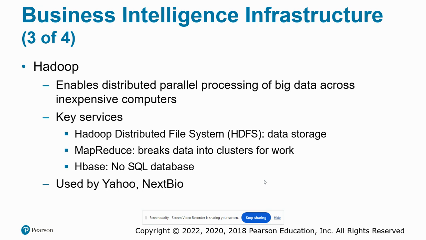Hadoop is one of the tools used by search engines such as Google and Bing to rapidly search billions of web pages and find those which appear to be the most relevant to a user's search query.